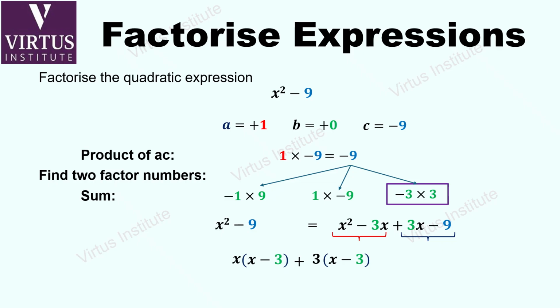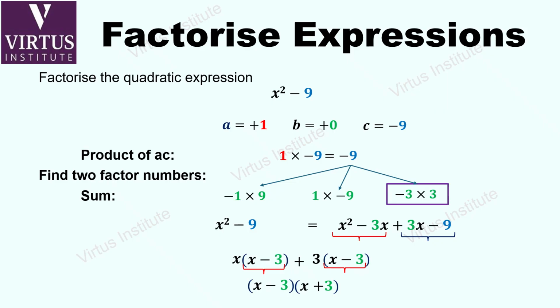Because x minus 3 is common to both terms, we make that the first bracket, and x plus 3 the second bracket. Thus, the two numbers going into the brackets are minus 3 and plus 3.